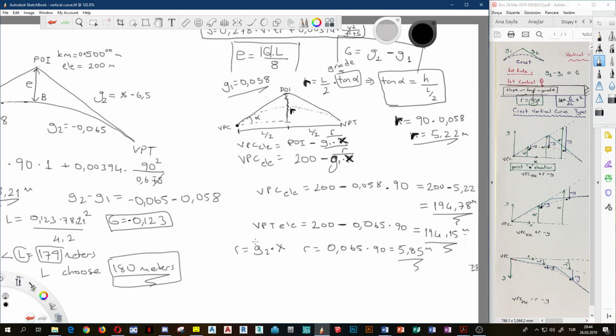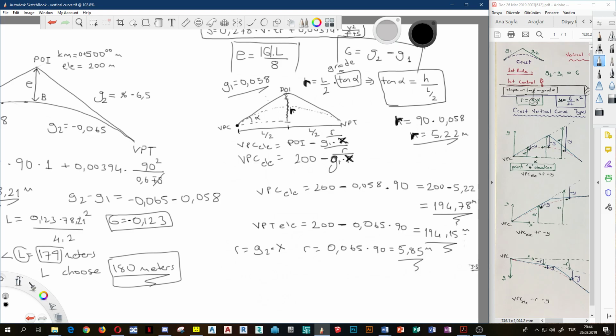And again we can calculate another option for the VPT point's elevation. What is the other option? Look, when we try to find the elevation of VPC, our reference point is POI.